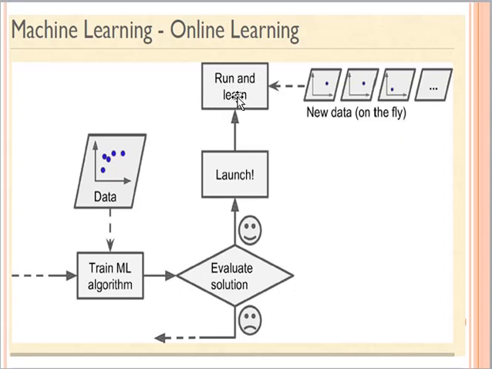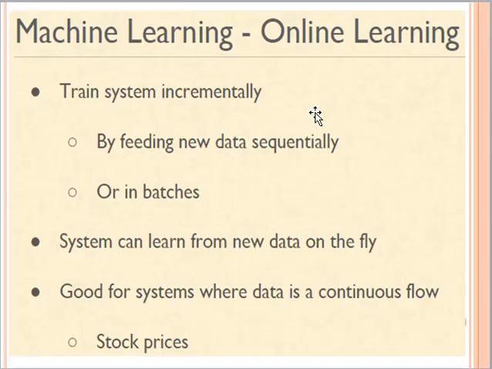So I am able to provide it new data on the fly. Let's suppose I have some new samples coming every month or maybe every week, and my system is able to not only perform the execution on the old data, but it is also doing learning on the new data set, right? So this is the approach which we follow in the online learning mode.